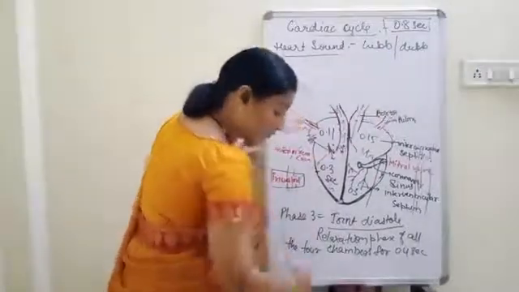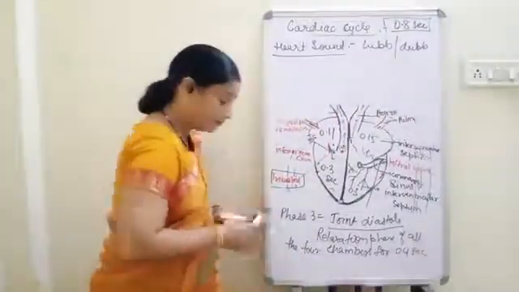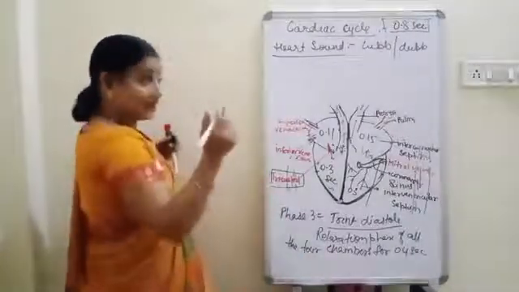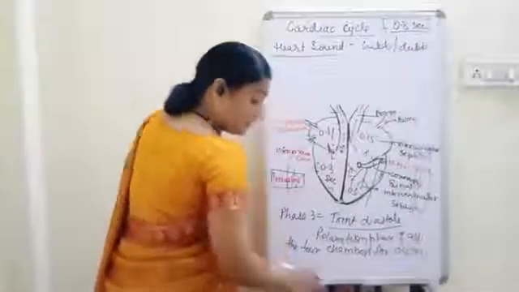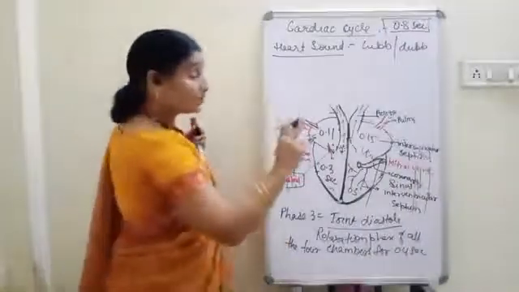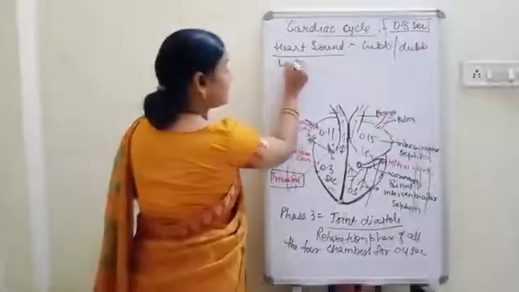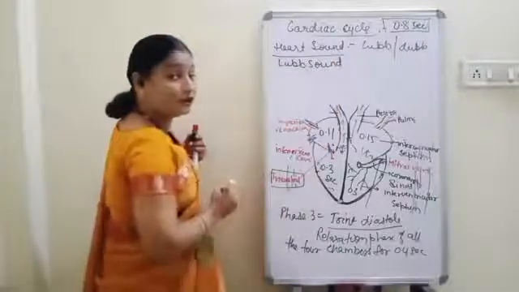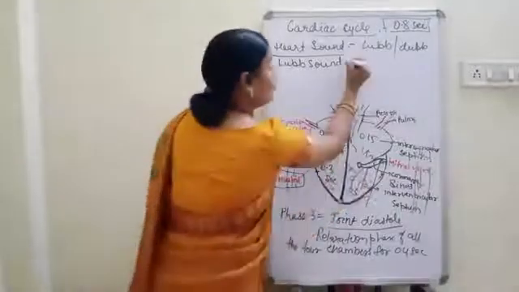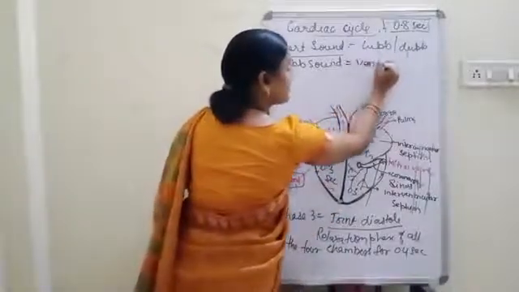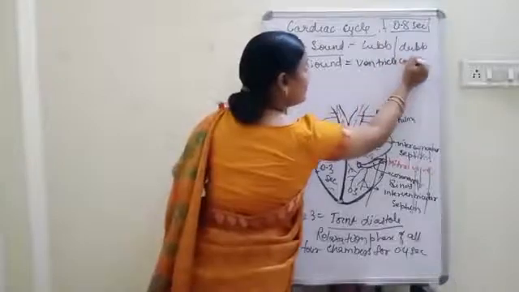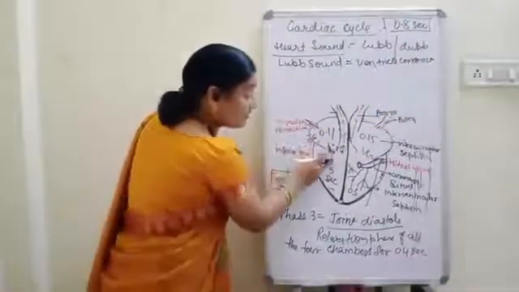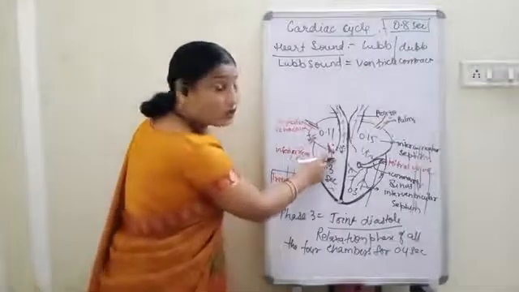Now, see what happens in case of lub dub. The lub sound is produced when ventricle contract and atrioventricular valve get closed. Number one is lub sound. The lub sound is produced when ventricle contract, and atrioventricular valve get closed.